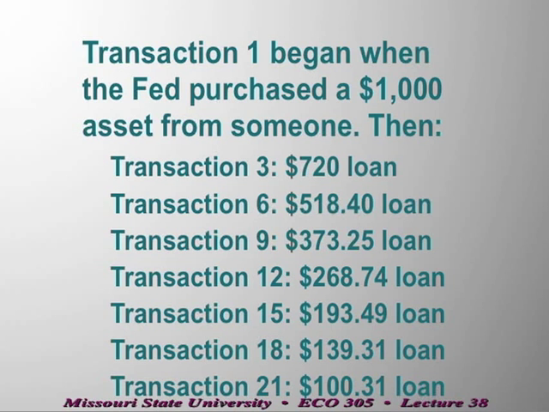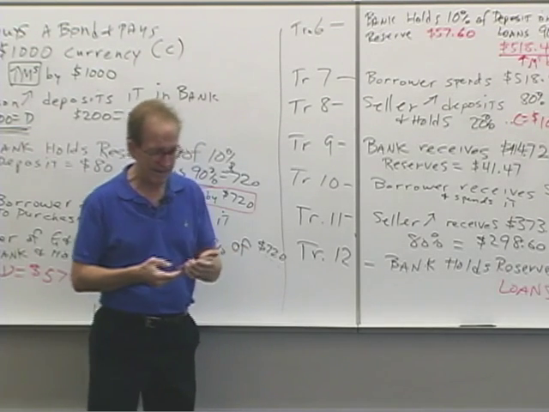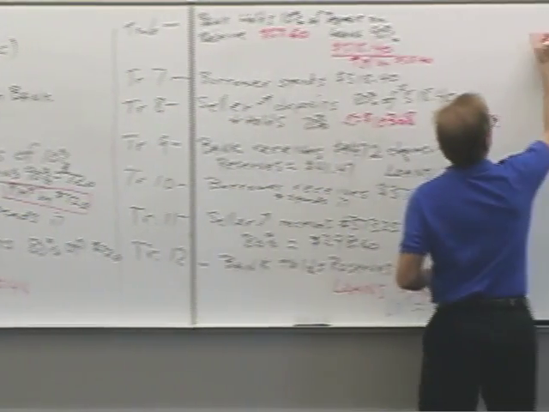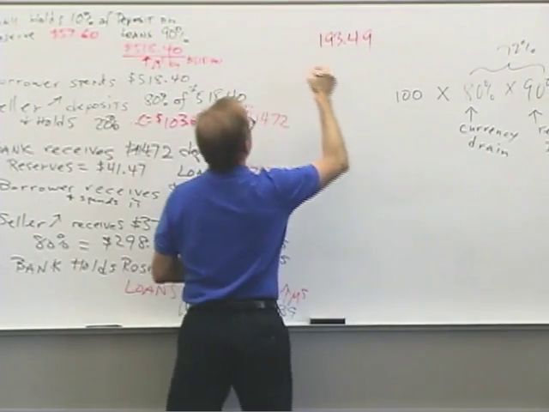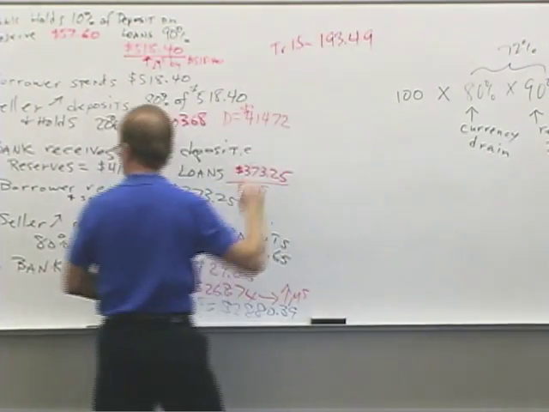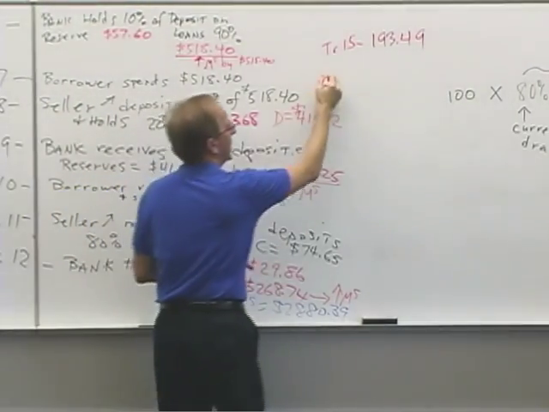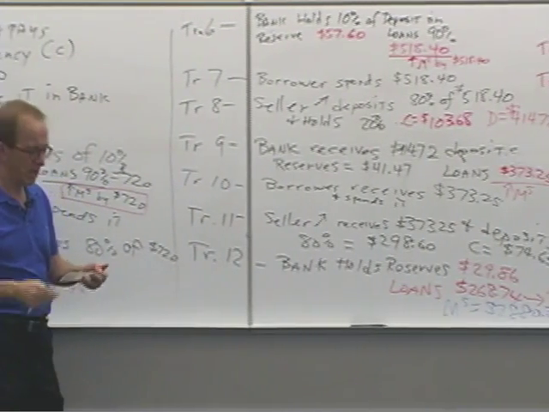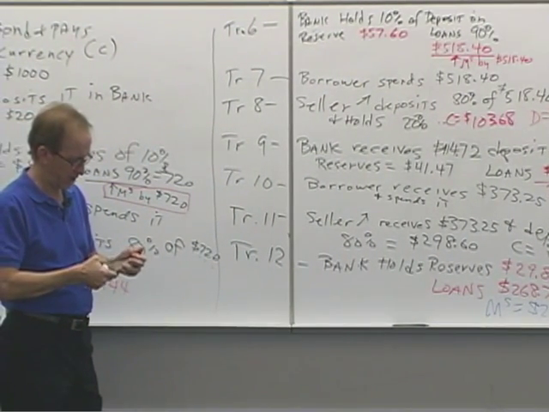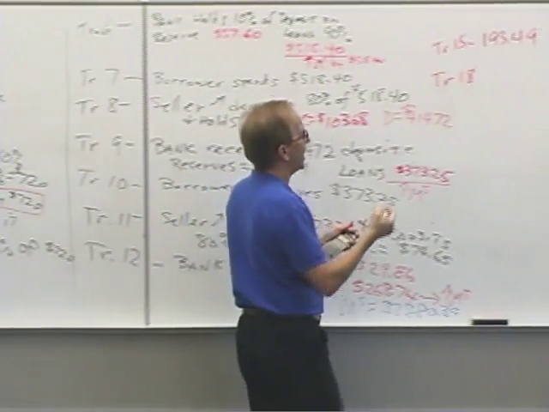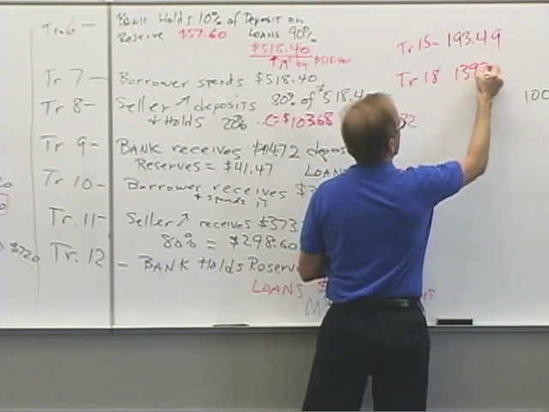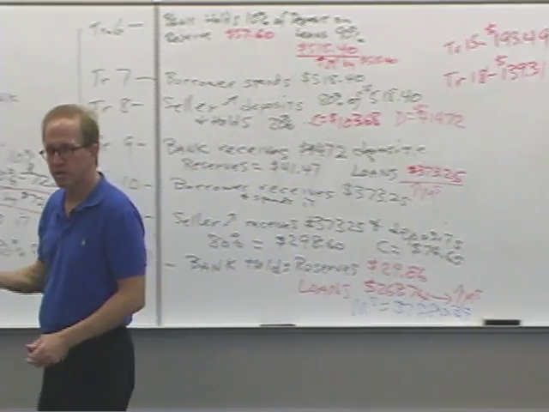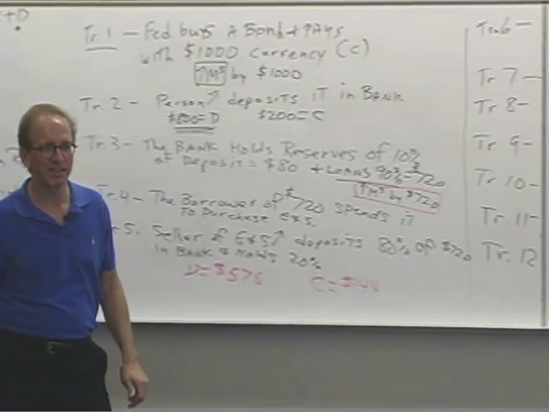Times 0.72 equals $193.49. That would be transaction 18, and these are the only ones that affect the money supply when a loan is made. So this is times 0.72 equals $139.31. And you can see this is going to get down to a penny if we go long enough.